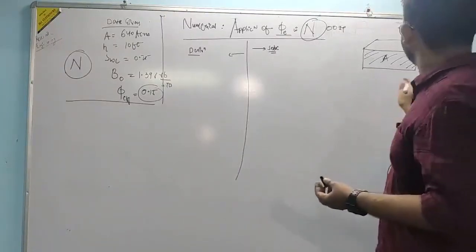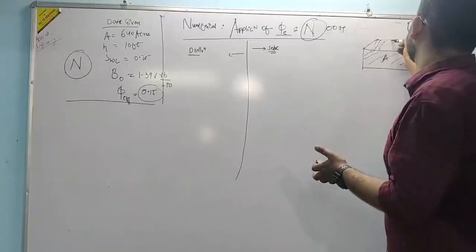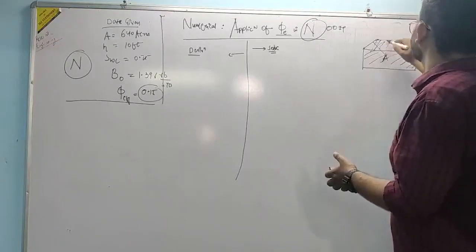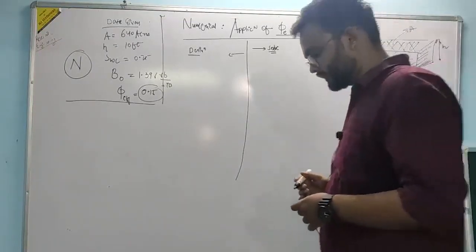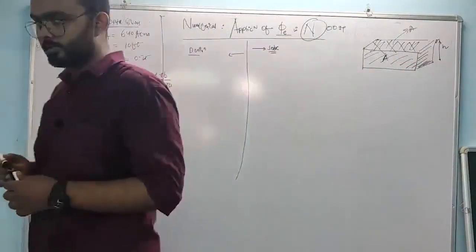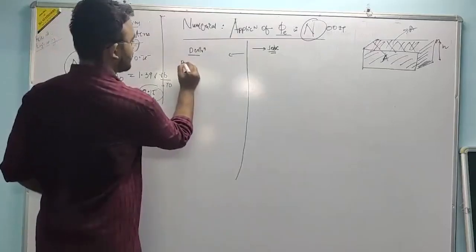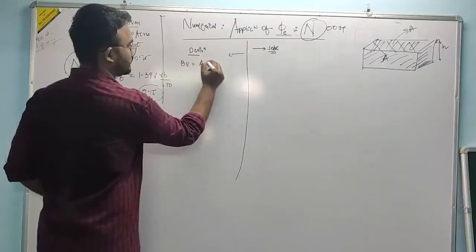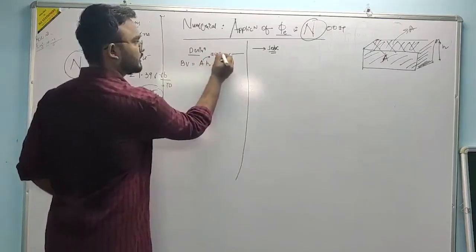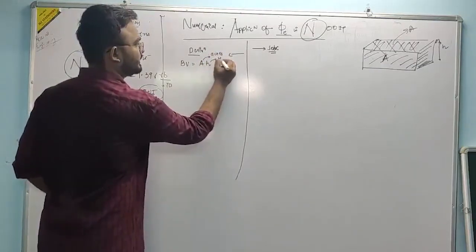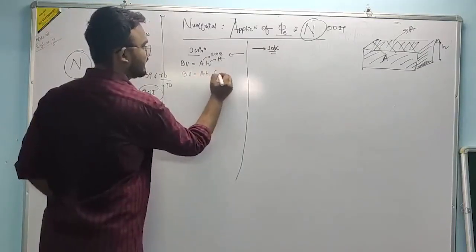This is not clear, but yeah, this is the area. You see, I'm trying to solve with you guys. So this is the area and this is the thickness, which will give you the bulk volume of the reservoir. Bulk volume of the reservoir is area times thickness, but since area is given in acres and thickness is given in feet, the bulk volume that we have received is in acre feet.